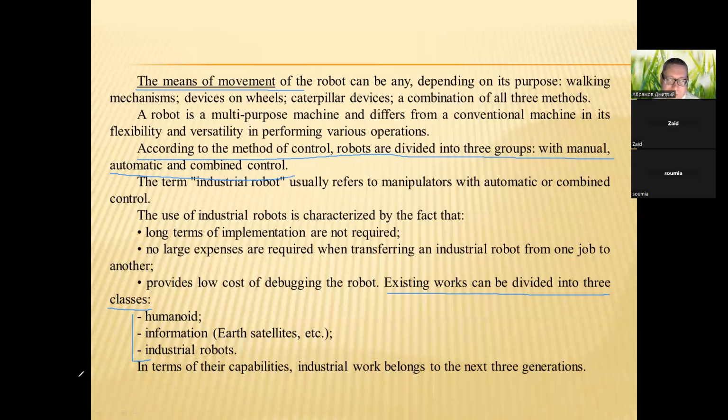In terms of their capabilities, industrial robots belong to the next three generations. So write down to your notes these sentences, this part of the slide, three classes of existing robots.